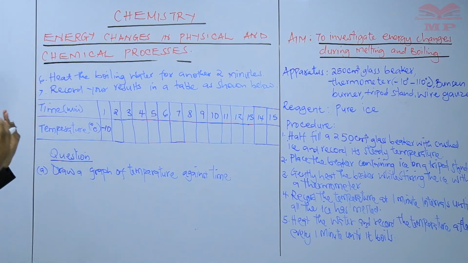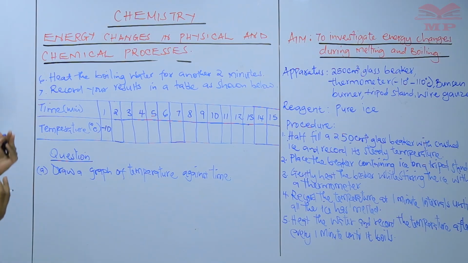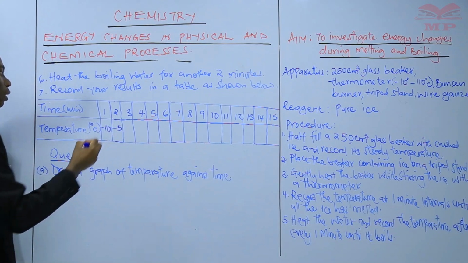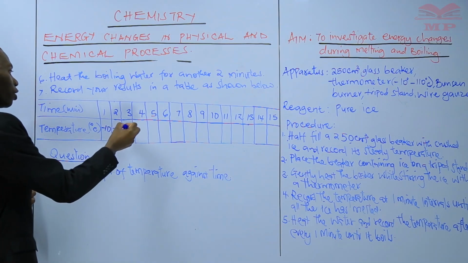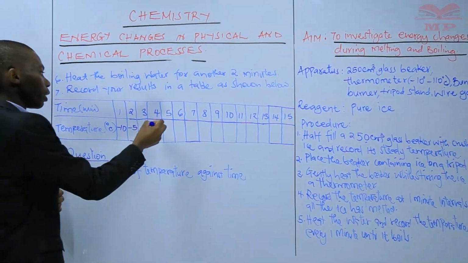So with that thermometer, you cannot record any temperature below -10 degrees Celsius. Then in the second minute, you have something like -5 degrees Celsius. Then the third minute, you have a 0. Then in the fourth minute, you also have a 0.